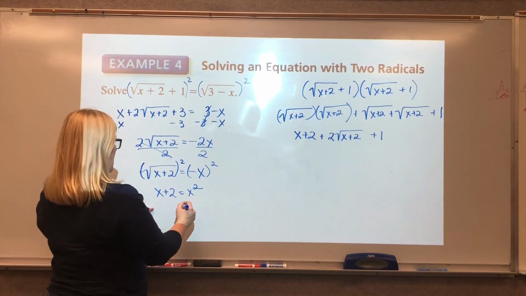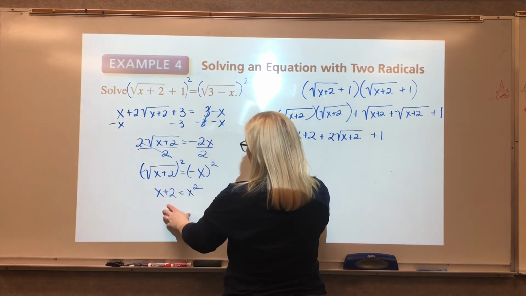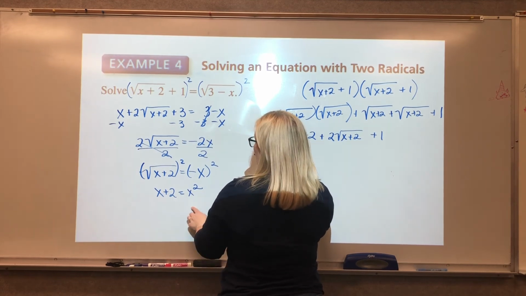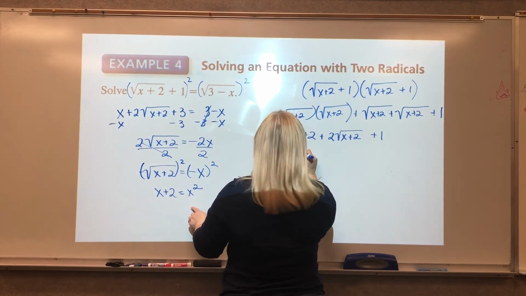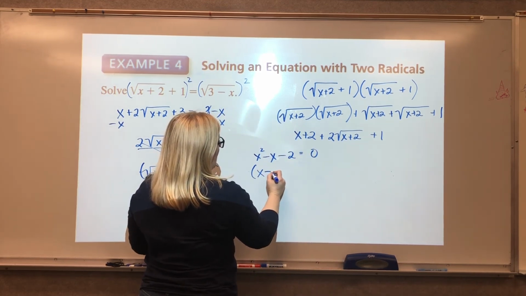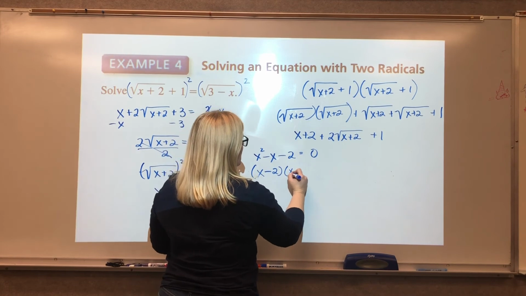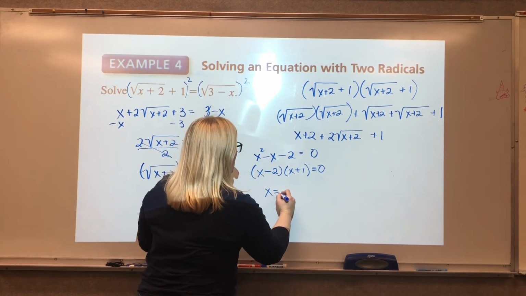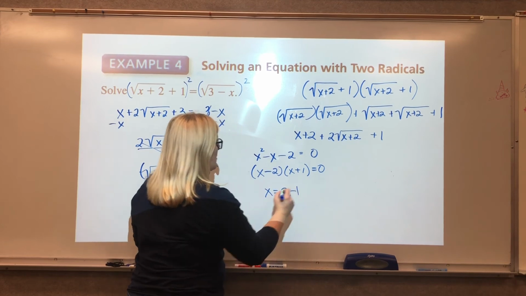Now I'm going to bring everything over to one side: x squared minus x minus 2 equals 0. So now we have x minus 2 times x plus 1 equals 0. So x could be 2, or it could be negative 1.